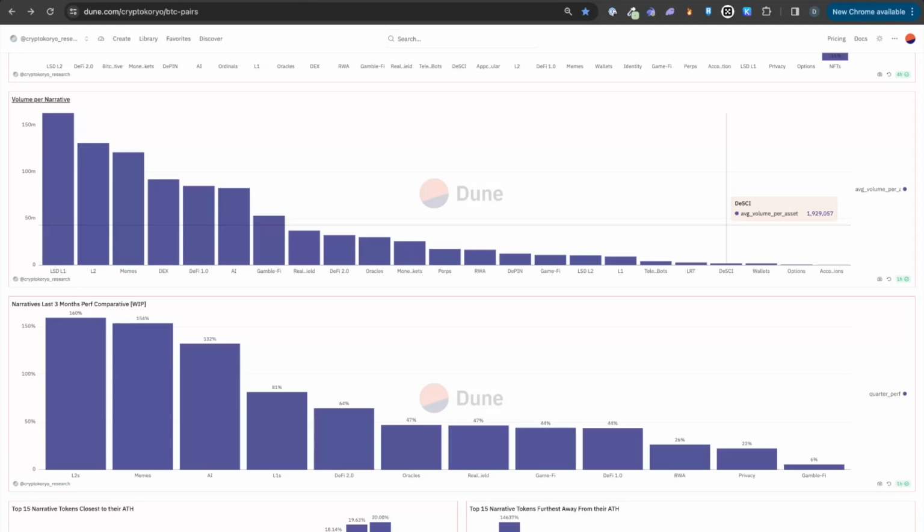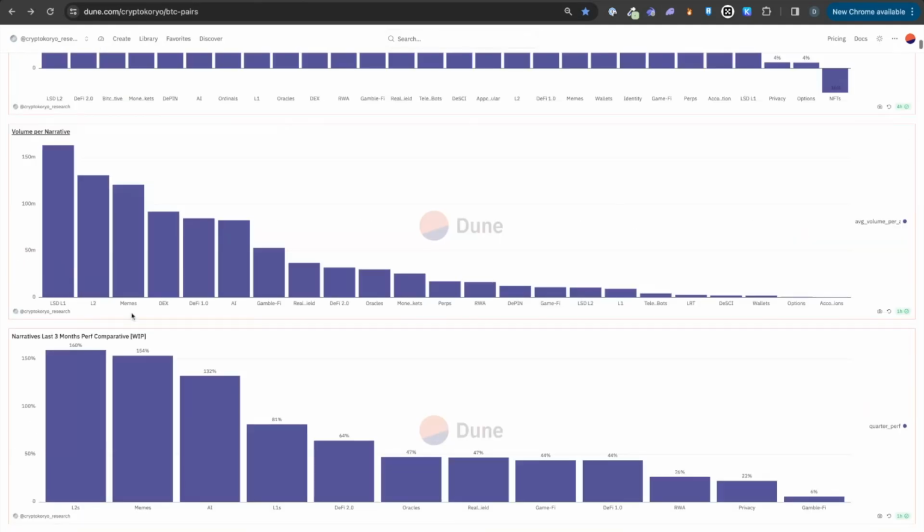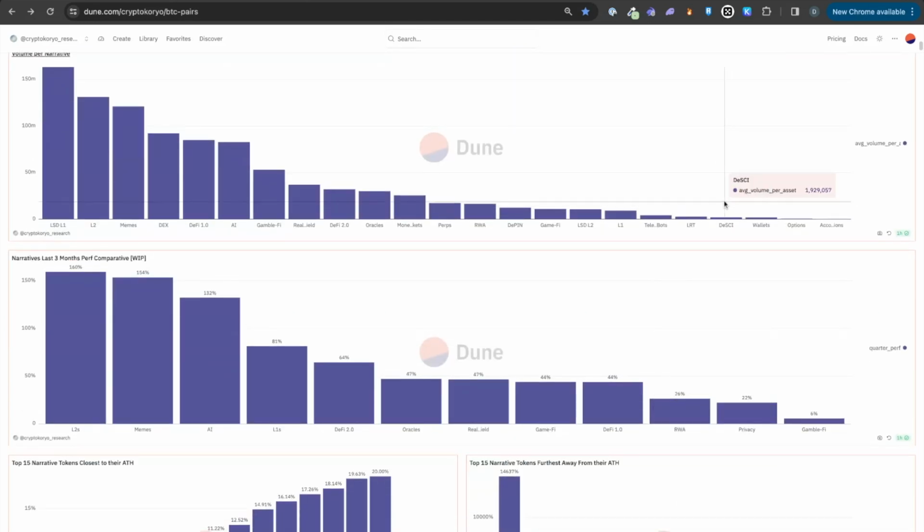So you would see them here in the first position, but when you look at the volumes, it's almost nothing. So there isn't a lot of liquidity in these projects, which, if you're an investor who wants to put size, might be a consideration for you.